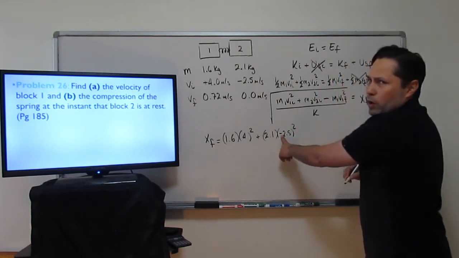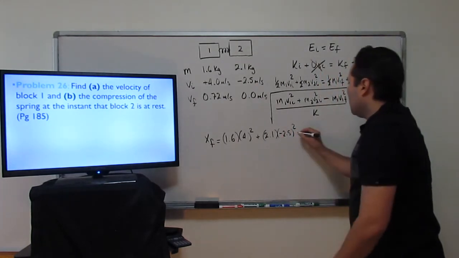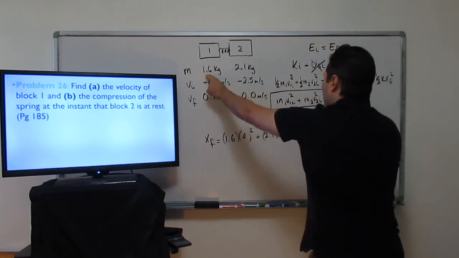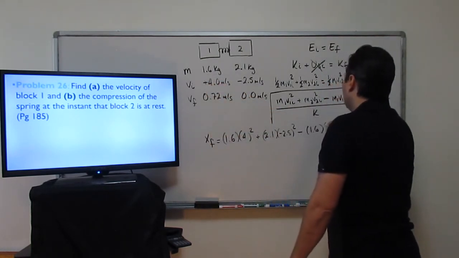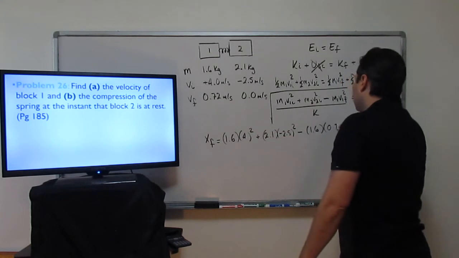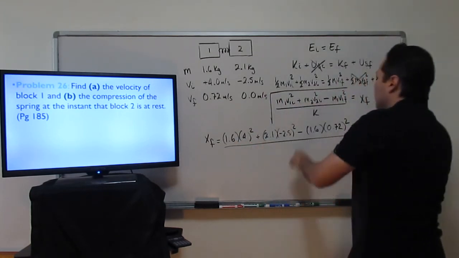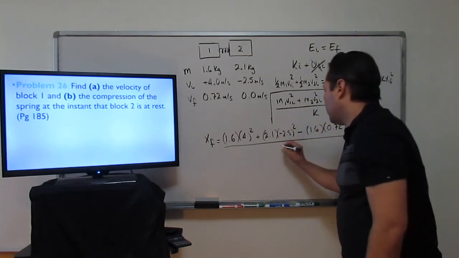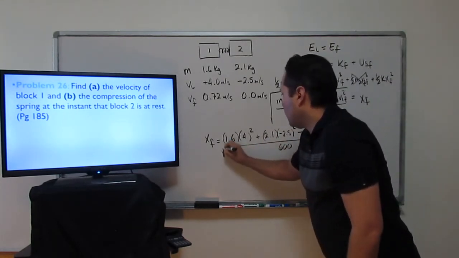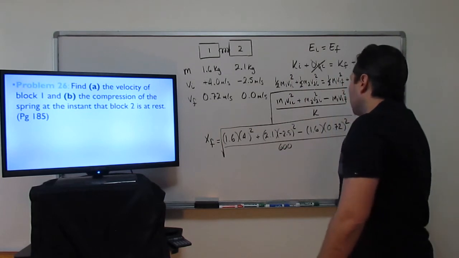That negative is going to go away because it's going to get squared, minus m1, 1.6, multiplied times velocity final 0.72 squared, all of it divided by k, the constant of the spring, which was 600, and we square root it, and there we have it.